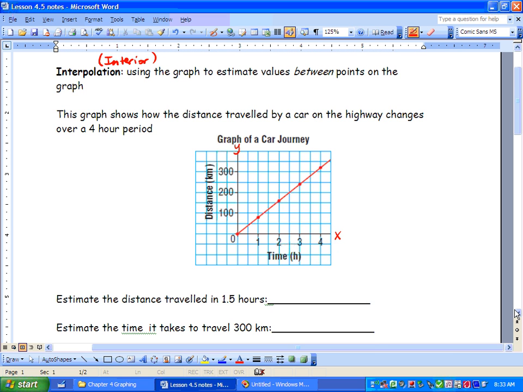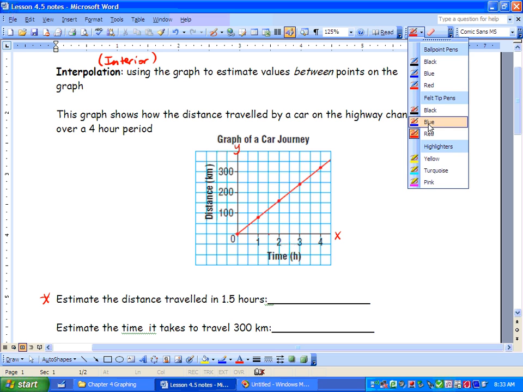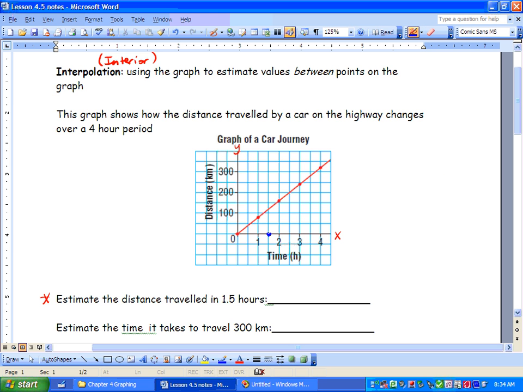So in this next one right here, we're going to estimate the distance traveled in 1.5 hours. We find 1.5 hours on our graph, and I'll put it in blue here. That's 1.5 hours. Then we're going to go up all the way to our line, and then we're going to go over at 90 degrees.